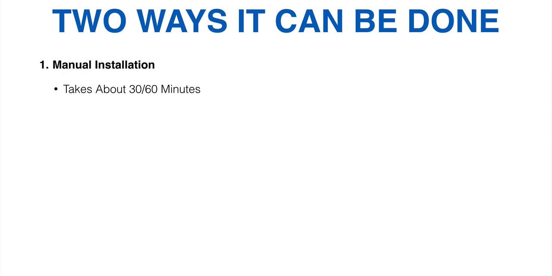If you're a novice like me when it comes to code and everything, it could take 30 to 60 minutes, because you gotta kind of go through a bunch of weeds to find the right spot. But I'm gonna help you bypass a lot of that. I'm gonna show you in this video how it could be done a little bit faster.